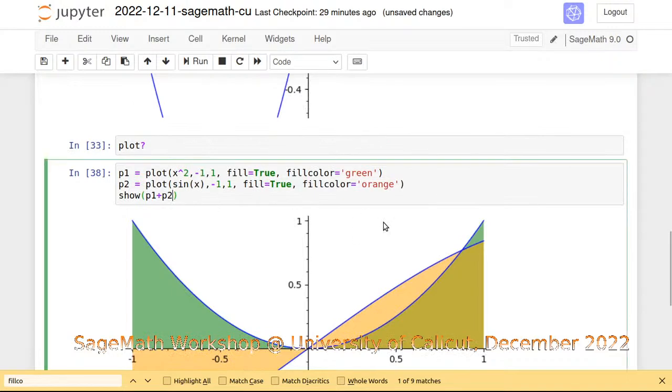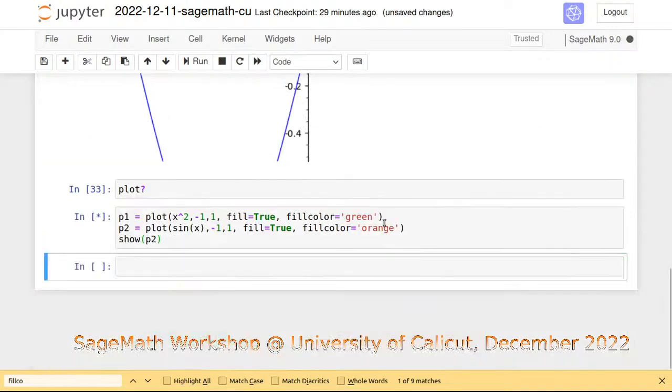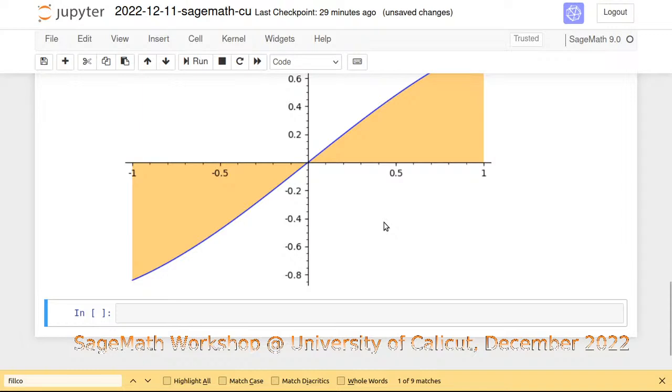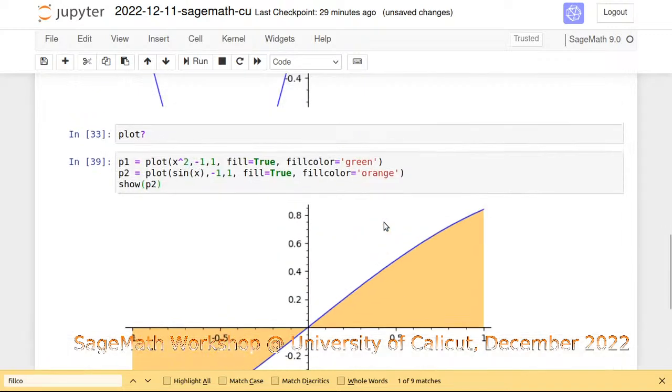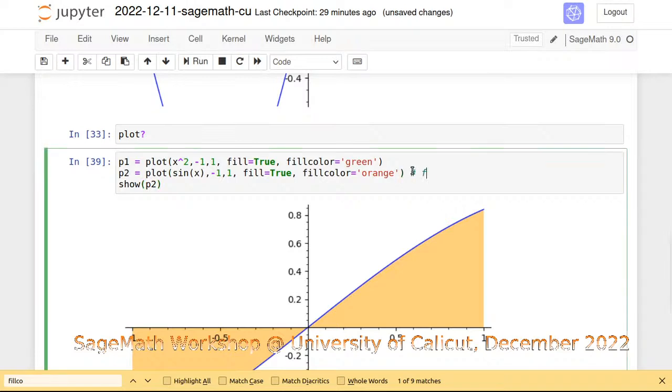Okay, maybe I will suppress even this. Okay, yeah, from the curve to the x-axis it's filling. So from the curve to x-axis. That's the direction. Okay, that's it.